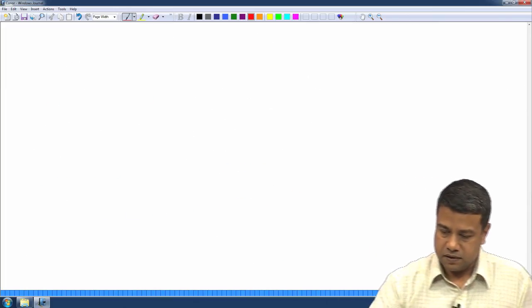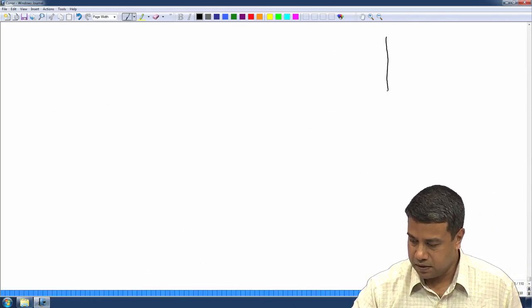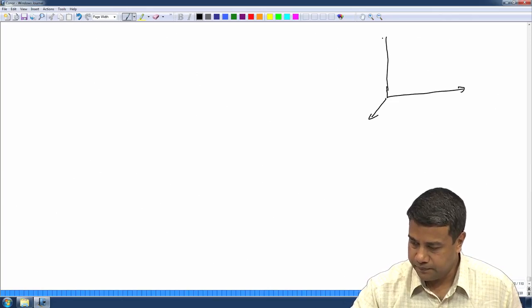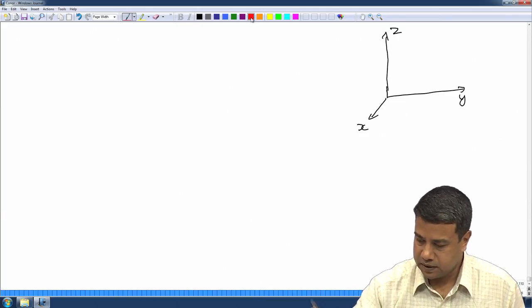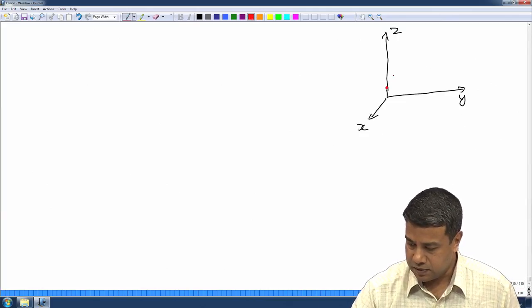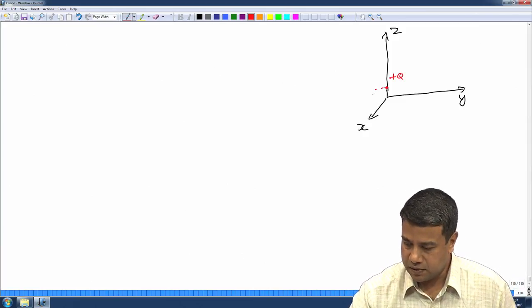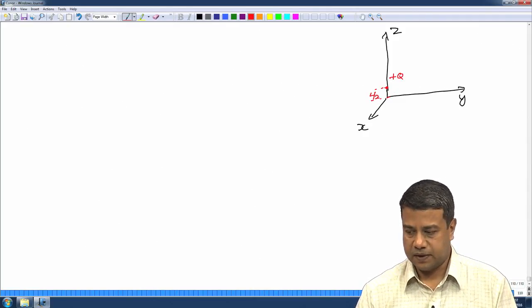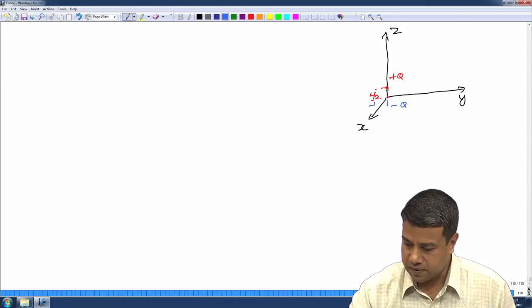So, for this, let us take a source, plus q, at a location L by 2 along the z axis, and then take a sink, minus q at the location minus L by 2.